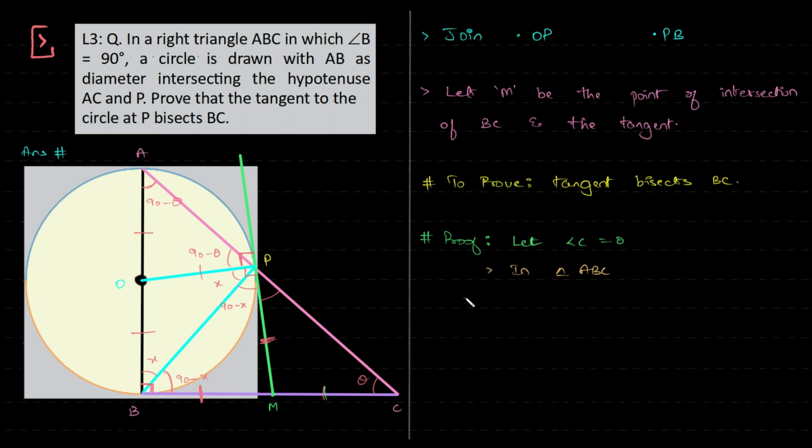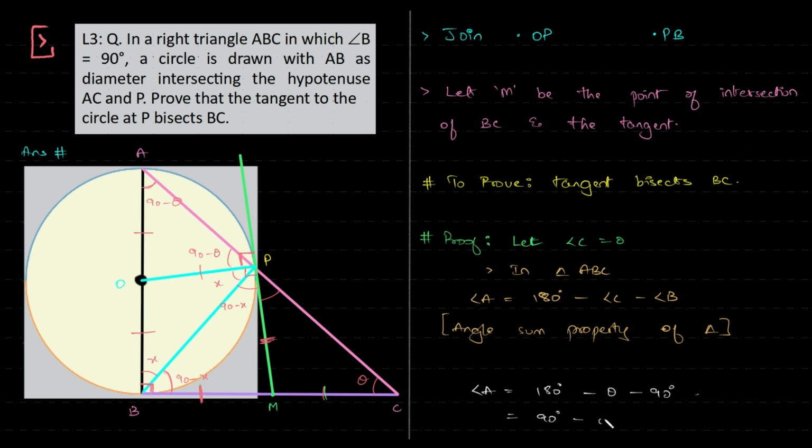Angle A is equal to 180 degrees minus angle C minus angle B. This is because of the angle sum property of a triangle. When we substitute the values, angle A is equal to 180 degrees minus angle C, that is theta, minus 90 degrees, and so this is equal to 90 degrees minus theta.